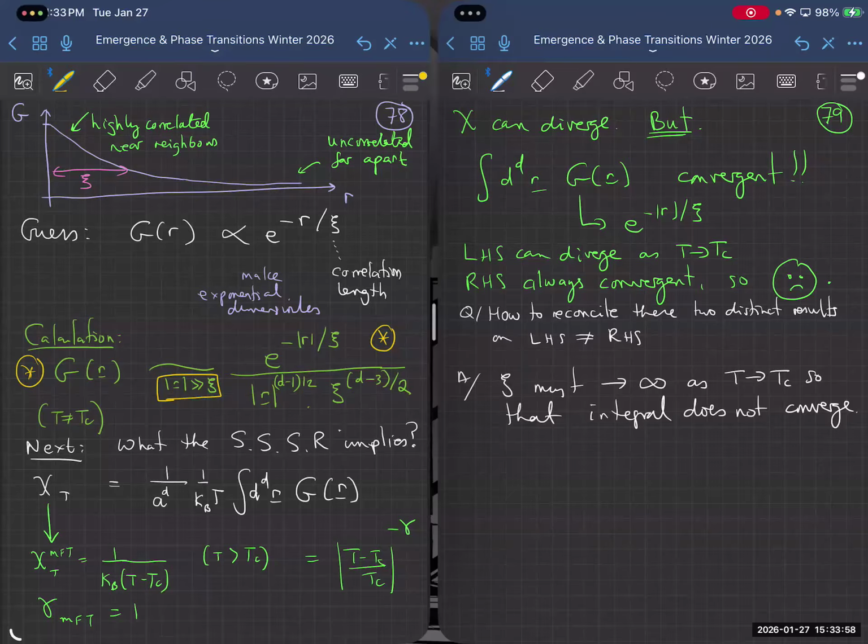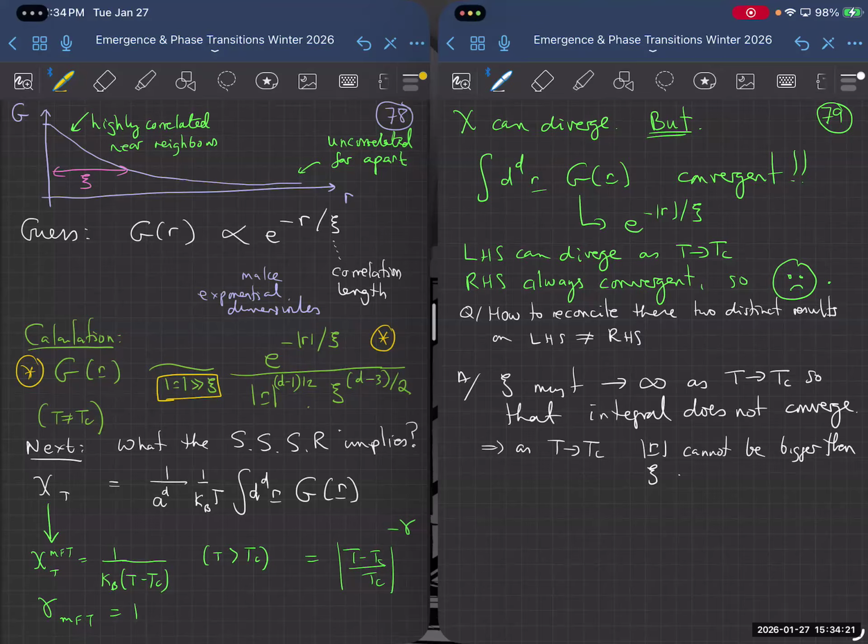The integral does not converge, which means that as t goes to tc, R cannot be bigger than psi.